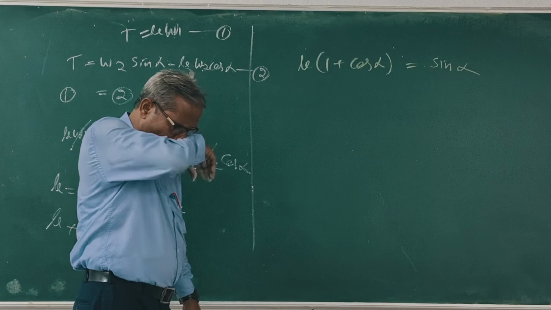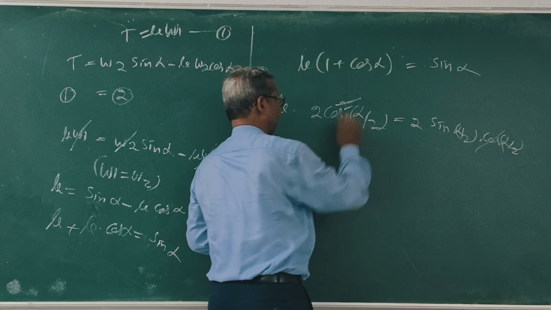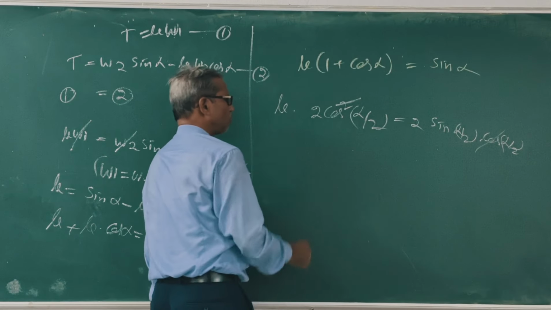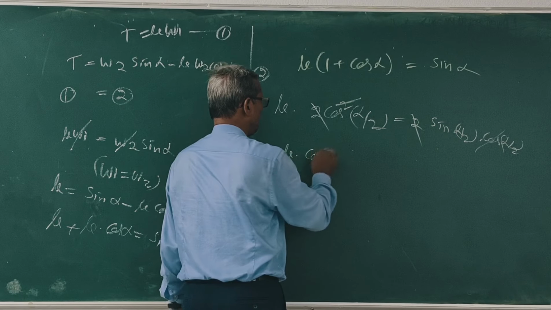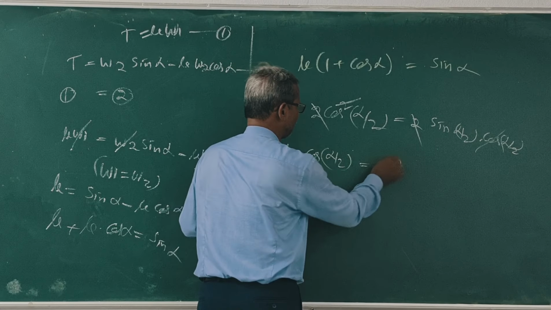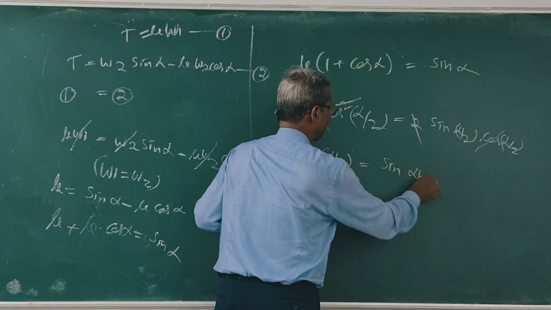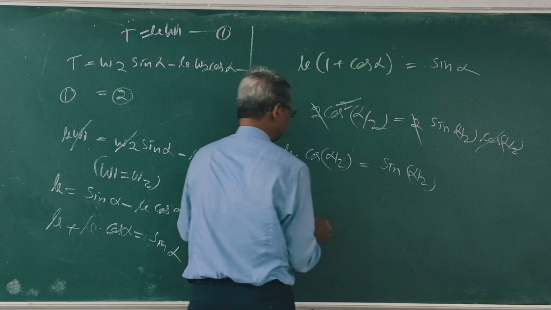What is sin alpha? 2 sin alpha by 2 cos alpha by 2. Cos cancels each other, 2 cancel each other. So mu into cos alpha by 2 is equal to sin alpha by 2. What is mu equal to? Tan alpha by 2. Clear? This is the answer.